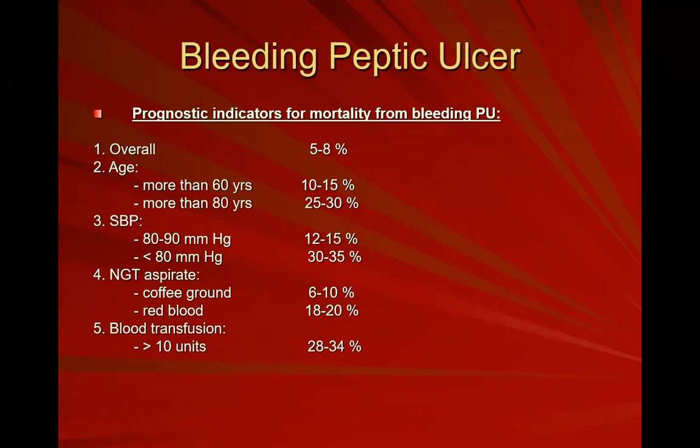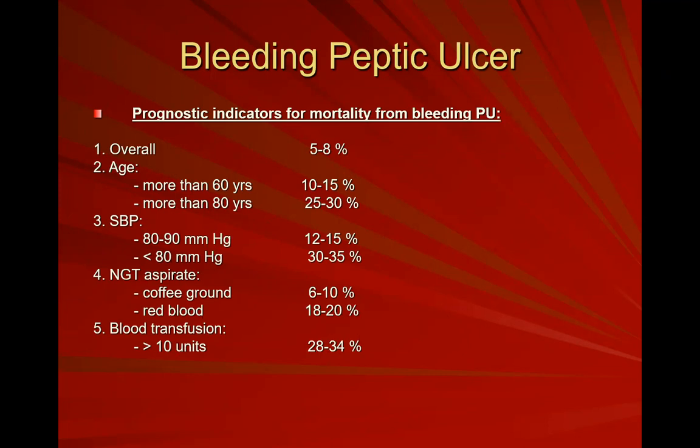Also, one of the managements of upper GI bleeding is to insert the nasogastric tube. And the importance of the nasogastric tube is to decompress the gut and aspirate the fluids inside the gut, all right?